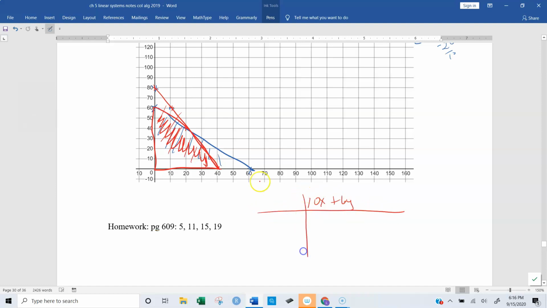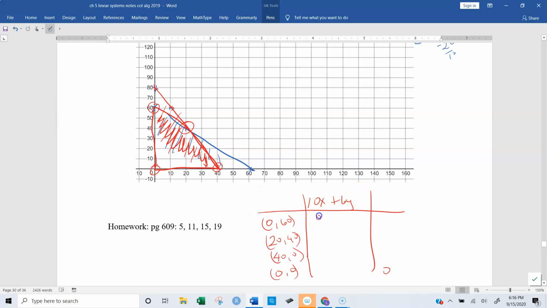Our points we're going to have are 0, 60. We have this point right here, which is 20, 40. We have this point right here, which is 40, 0. And technically, we also have 0, 0. But we know that's going to help no people.